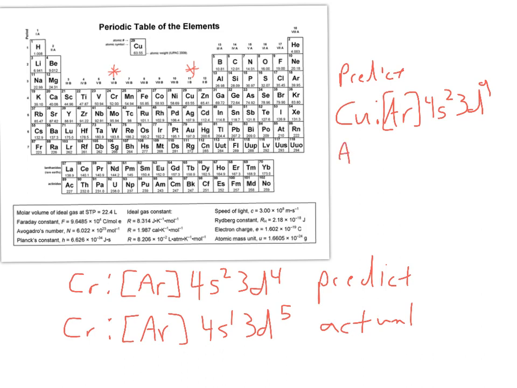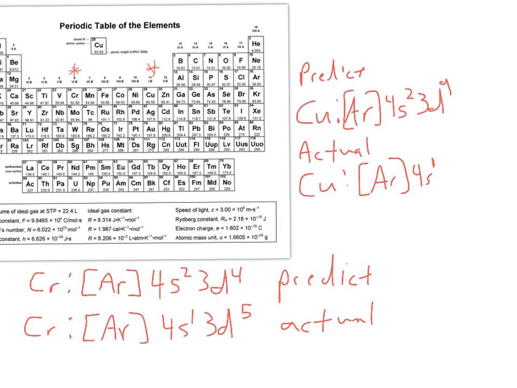But the actual configuration for copper is 4s1, 3d10. So a full d orbital is lower in energy than a full s orbital. So when you see these areas where you have a half-filled d orbital or a full d orbital, that's where you take an electron from the s orbital, as you would predict, and it will go to fill the d orbital, or half fill the d orbital.